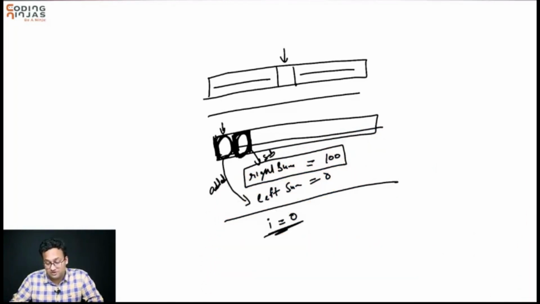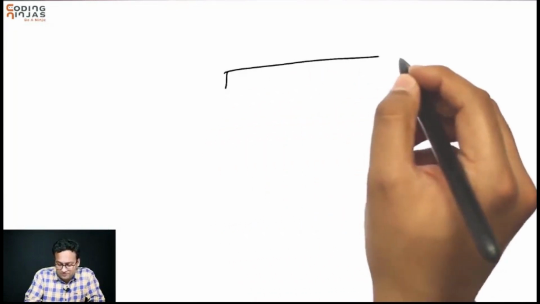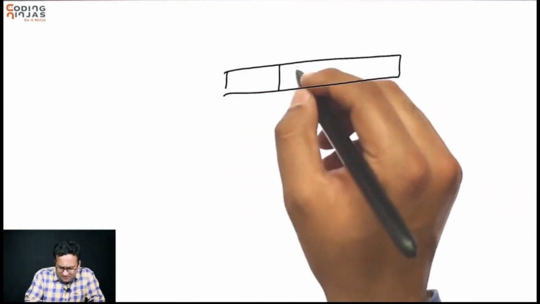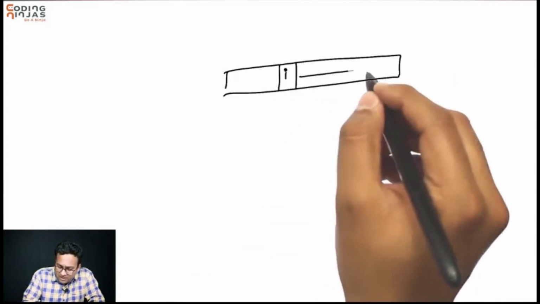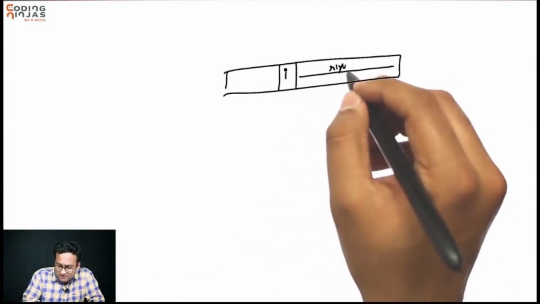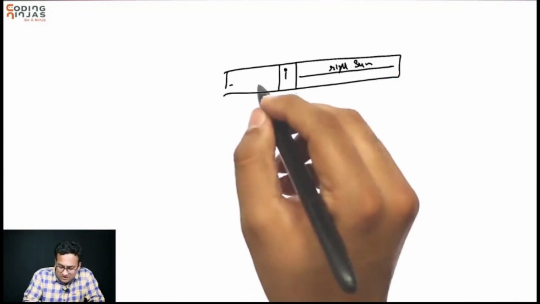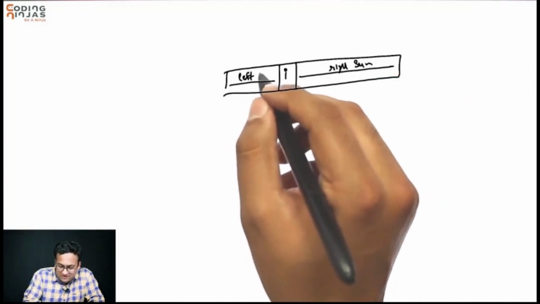Okay. Let me repeat that. Let's say at some particular index, I have already calculated the right sum and the left sum.